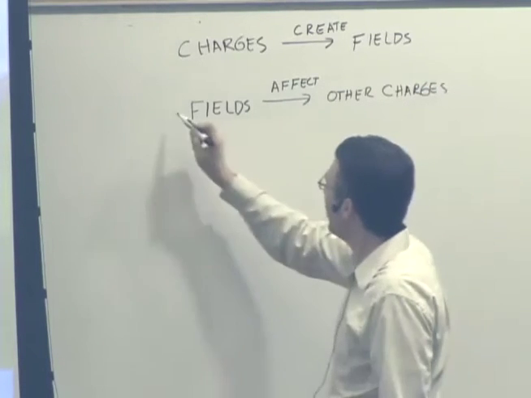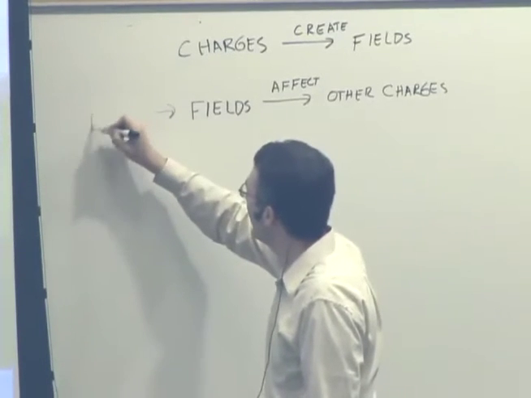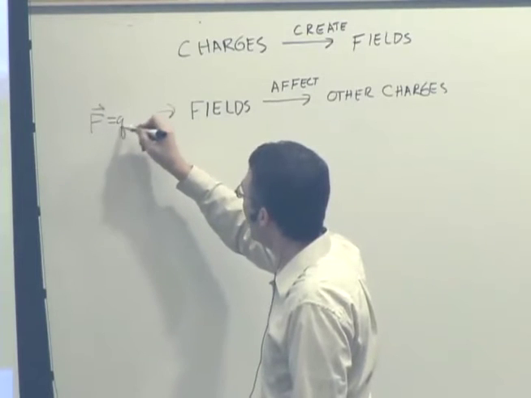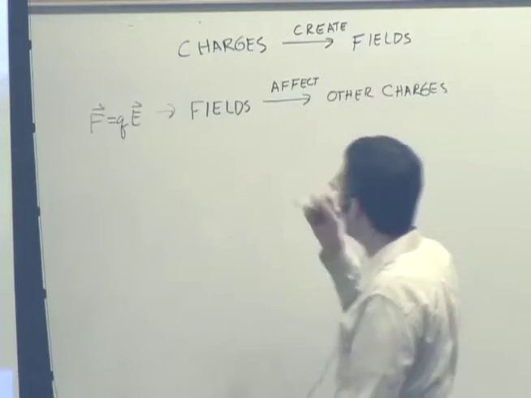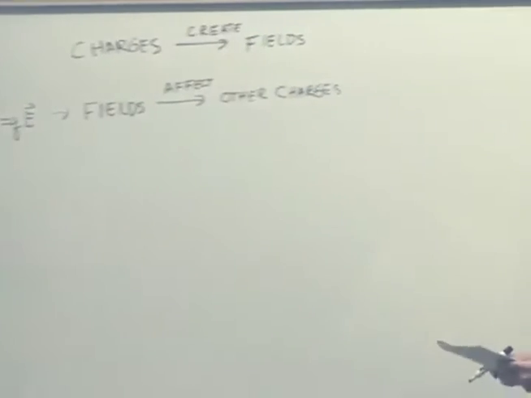So we actually dealt with the second one first, when we're talking about the electric field. This is F equal to Q times E, telling us how fields affect other charges. We want to now think about how a charge creates a field.